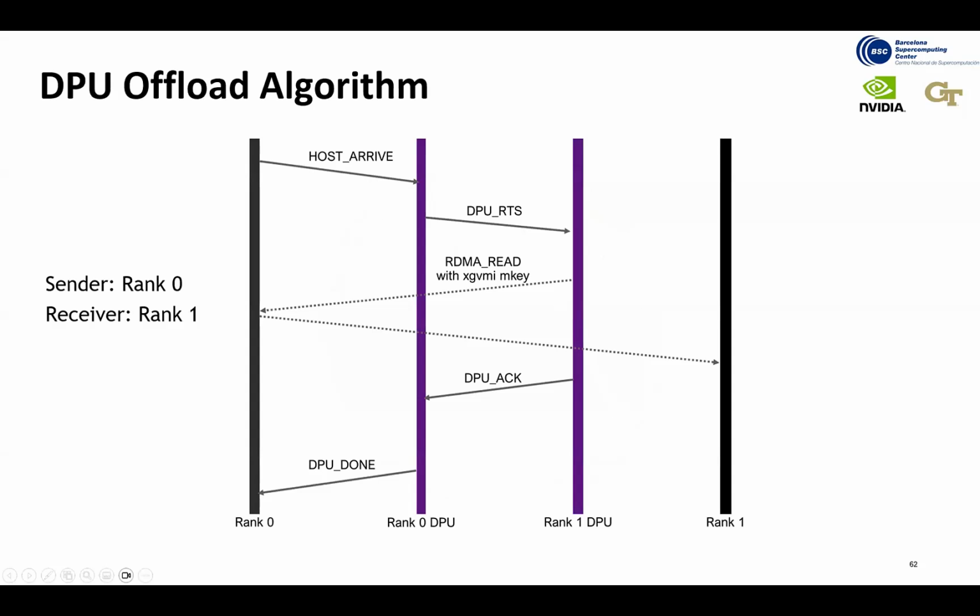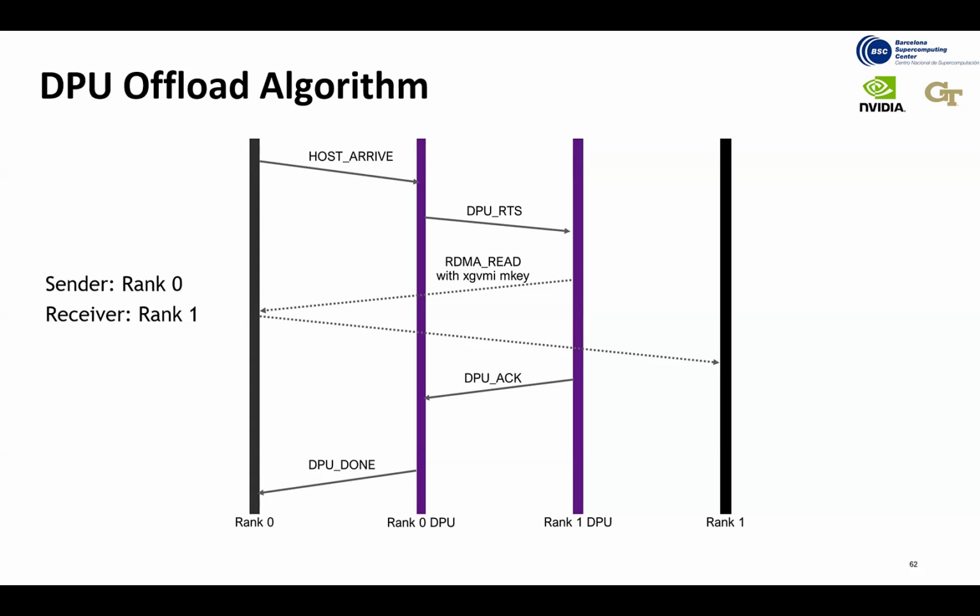So by offloading that algorithm, that's what you can do. And here we assume the communicator is already created. So it's really when you start the execution of your collective. Rank 0 joined the collective, so it means that rank 0 actually calls MPI allgatherv, for example.